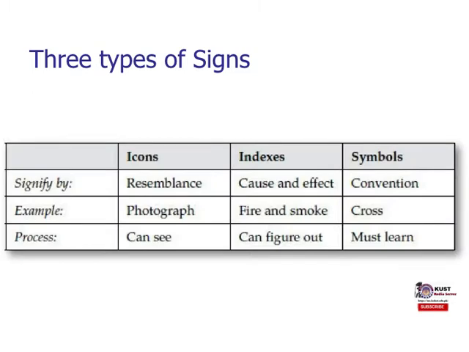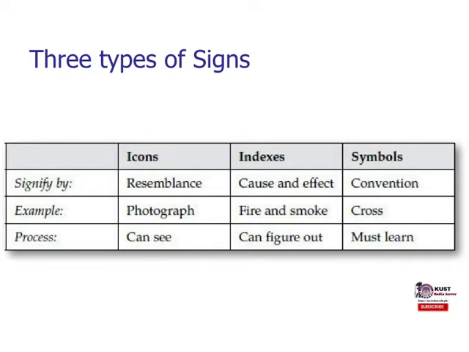What does each signify? For example, icons are signified by resemblance. If you see a photograph and it resembles someone's face, that is an icon. Similarly, if you see fire and smoke somewhere, you can consider it an index because it's a cause and effect relationship. And then the third one, symbols. How can you recognize symbols?